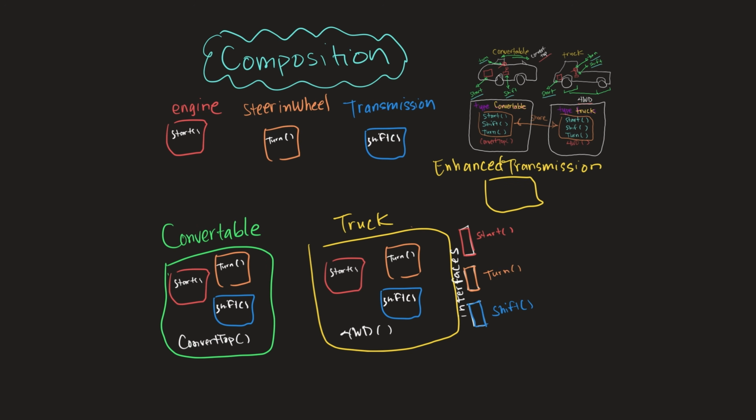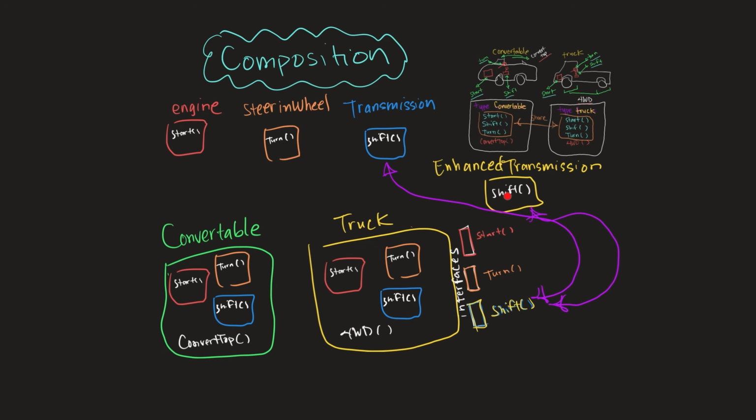As long as this new enhanced transmission implements the shift method, then that means it conforms to this interface, which means that it can also plug into this interface. So we're then provided with the flexibility of being able to plug multiple different types of transmission into our truck or compose multiple different types of transmissions with our truck.